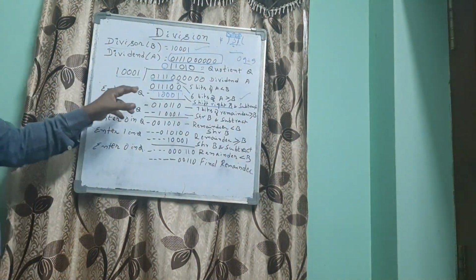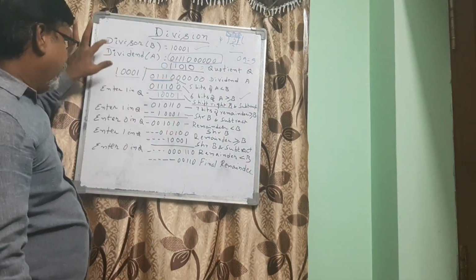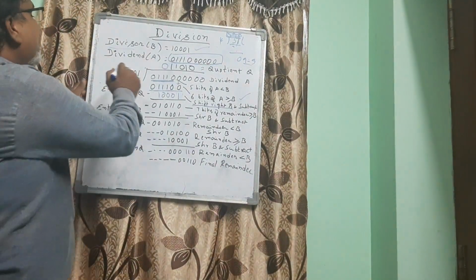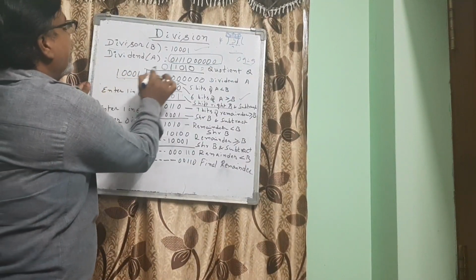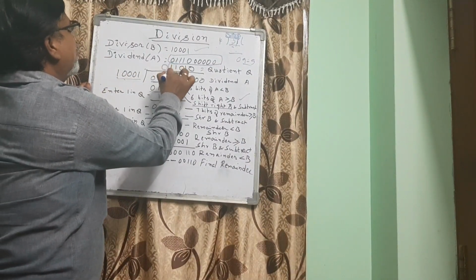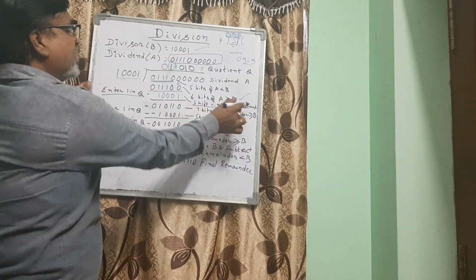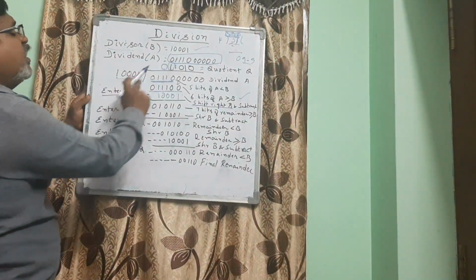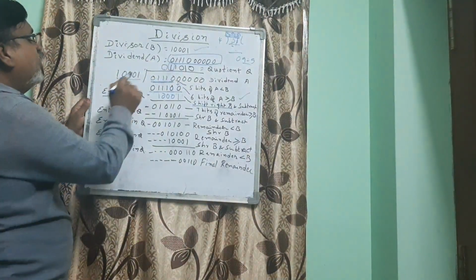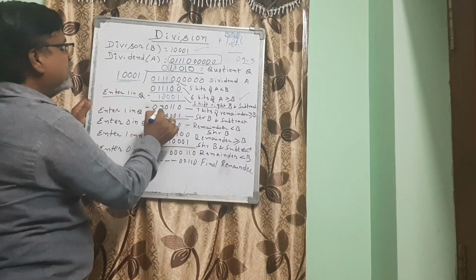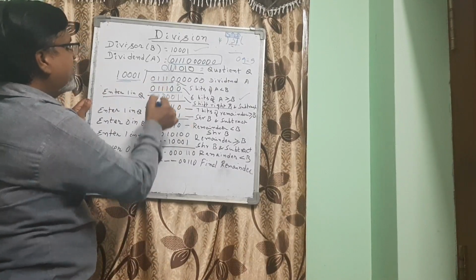Why in the division are we subtracting the divisor? See, this dividend is divisor into 1. After you shift right B and subtract once, you are entering 1 in the quotient. So 1 into this is equal to 10001, which we are subtracting.